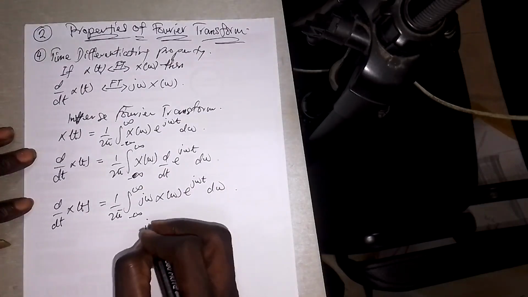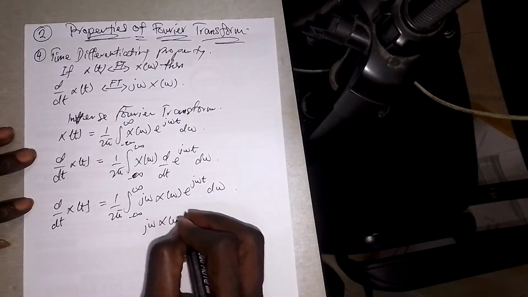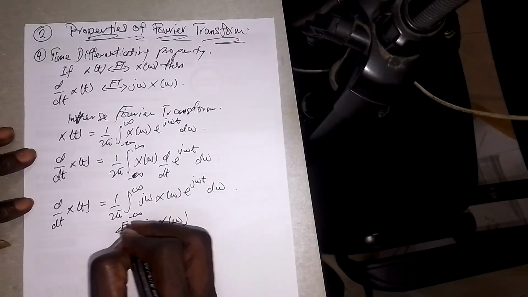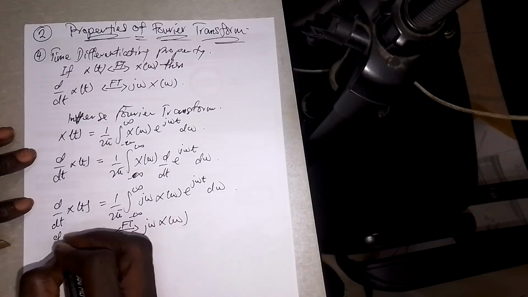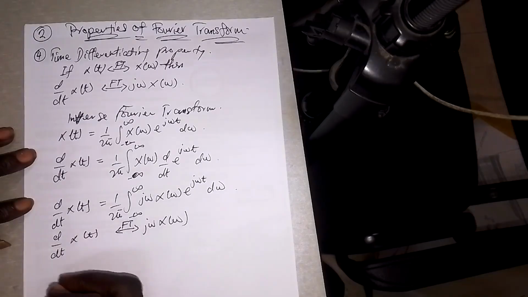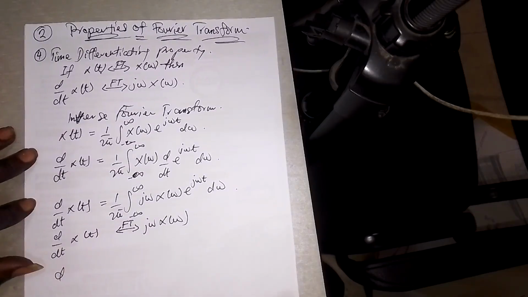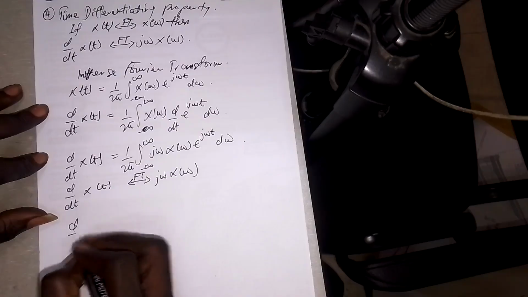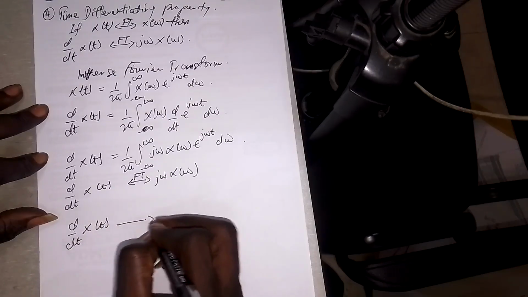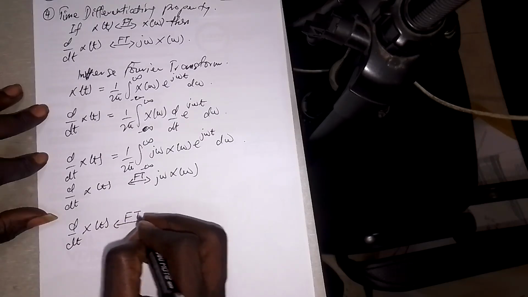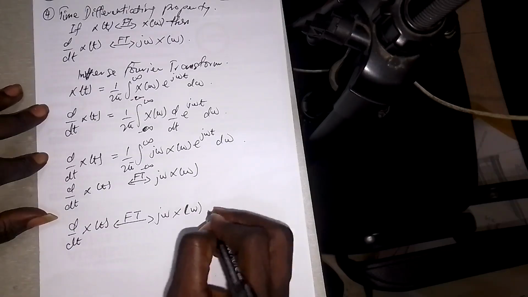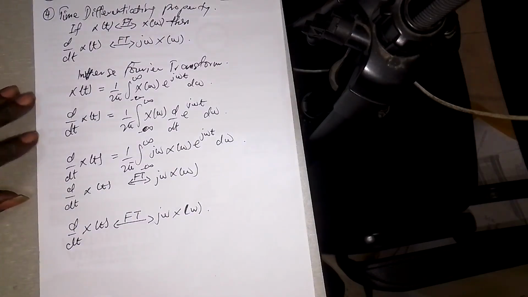So I can say that j omega times X of omega is the transformation for d/dt of x of t. So let me write it properly for you. d/dt of x of t has Fourier transform j omega X of omega. So this is the time differentiating property.